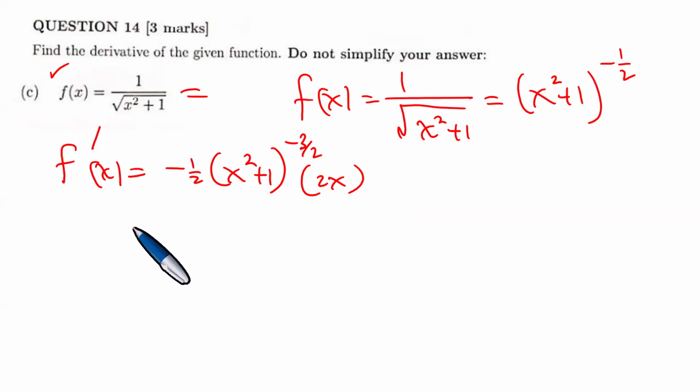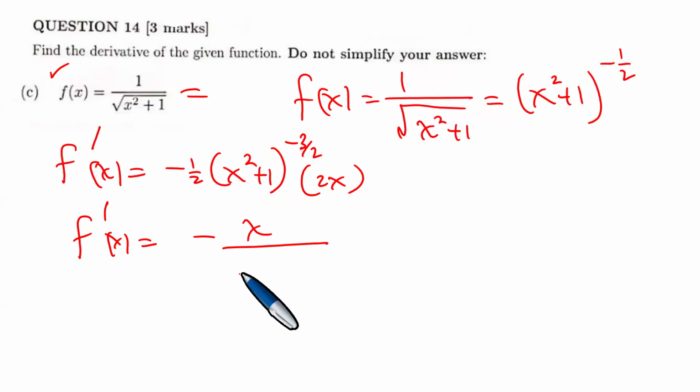Meaning that in the end, the 2 cancels, so that we have f prime of x, which is minus x divided by x squared plus 1 to the 3 over 2.